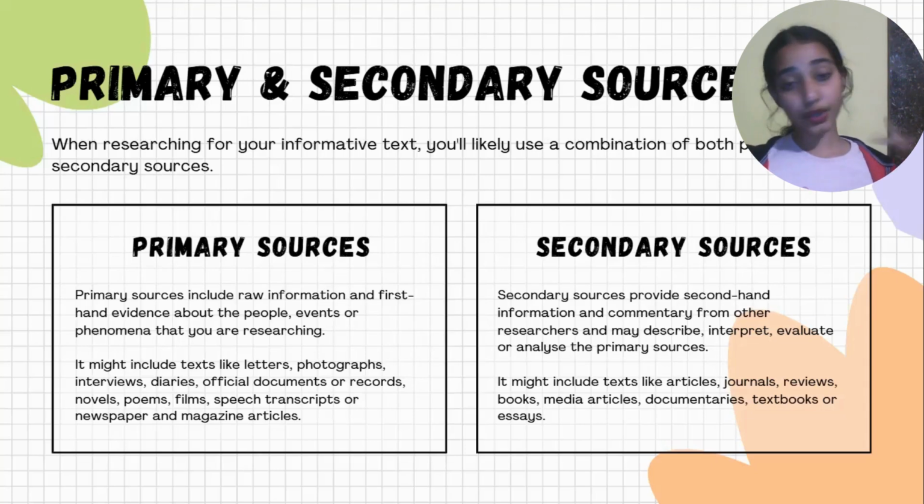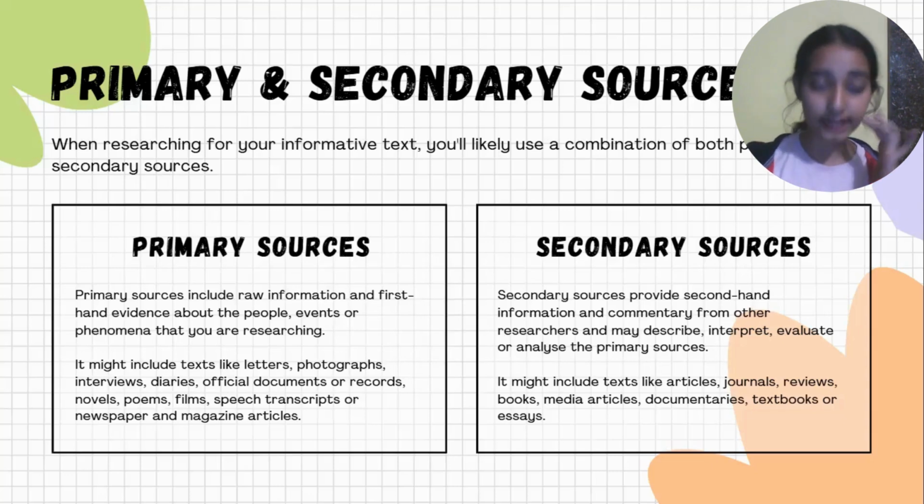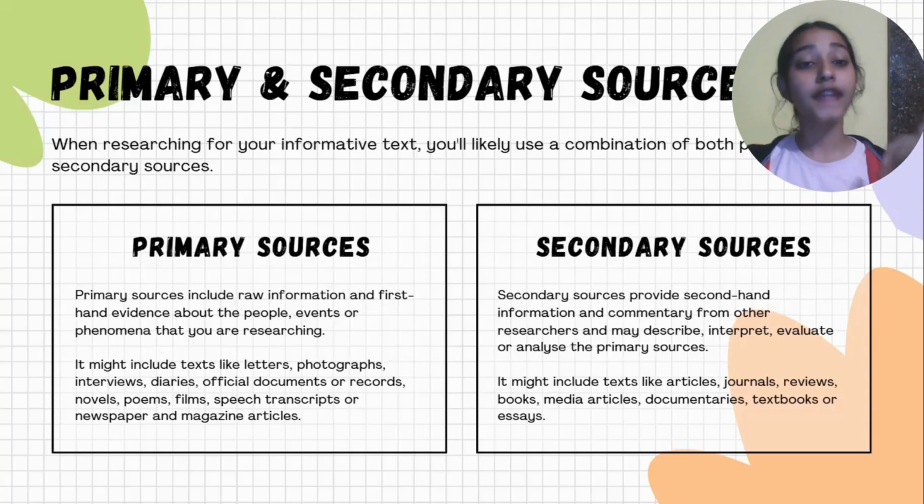You could take the primary resources from texts like letters, photographs, interviews, diaries, official documents, speech transcripts, novels, poems, films, newspapers, magazine articles, because these give you raw information that helps you research better. Now, secondary resources.